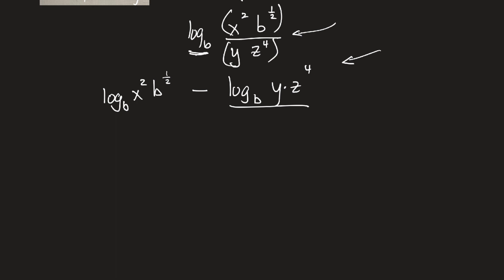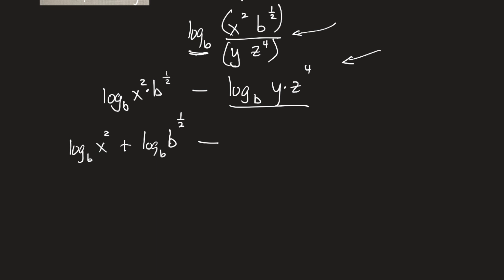So you can probably see it's going to be the product law here. The first one I could rewrite as log base b of x squared plus log base b of b to the 1/2 minus, now here's where you have to be careful because there's going to be two terms here, and the second one is going to be negative.